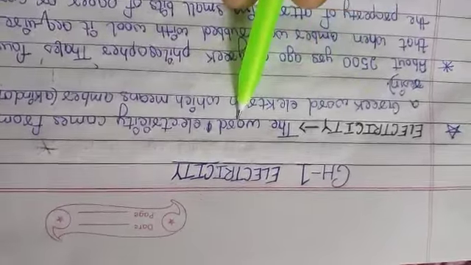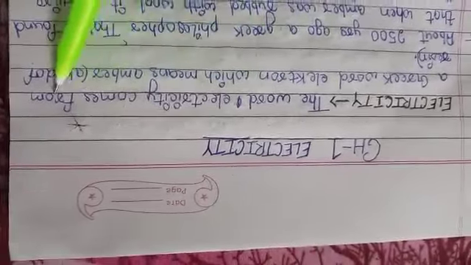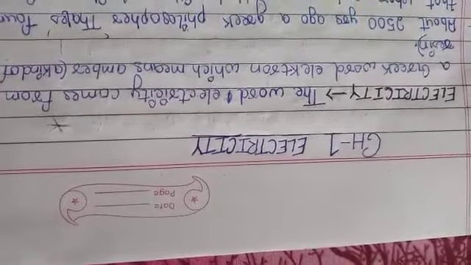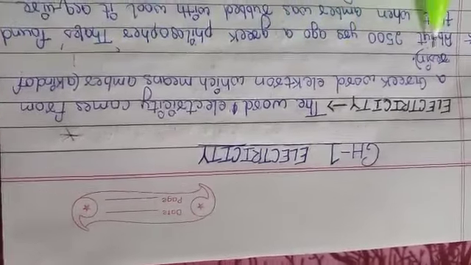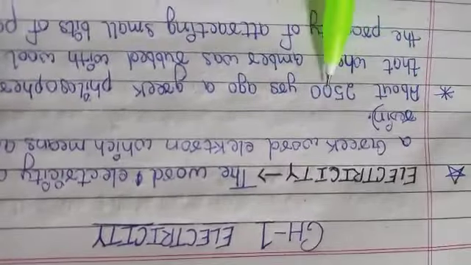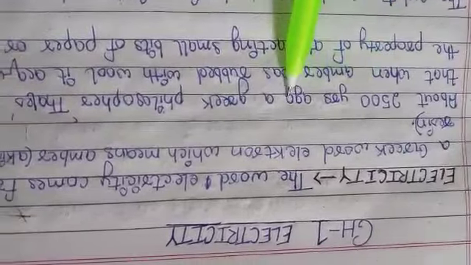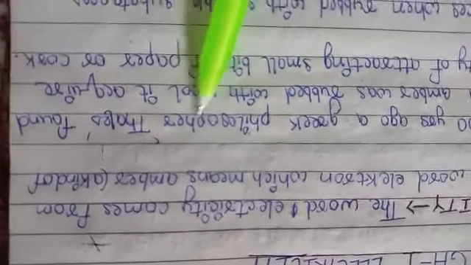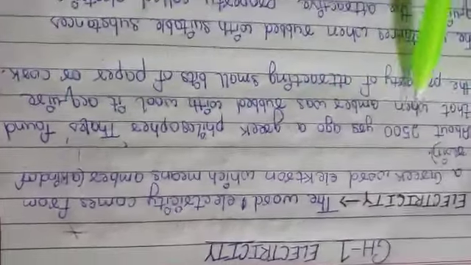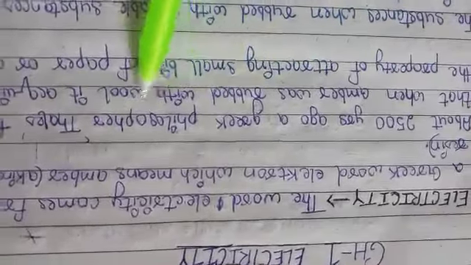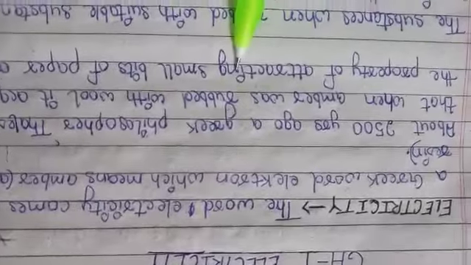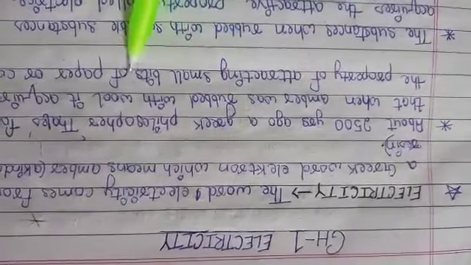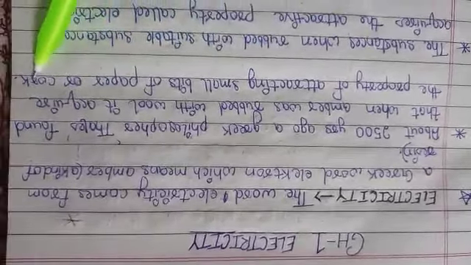First, electricity. The word electricity comes from a Greek word electron, which means amber, a kind of resin. About 2500 years ago, a Greek philosopher, Thales, found that when amber was rubbed with wool, it acquires the property of attracting small bits of paper or cork.